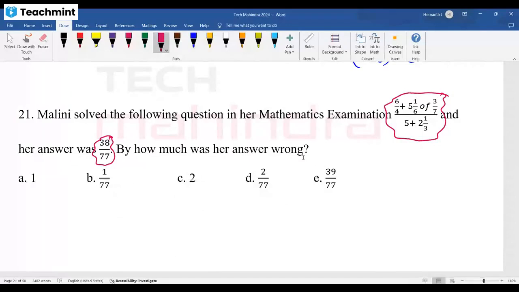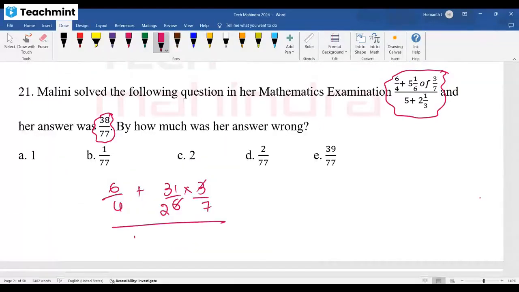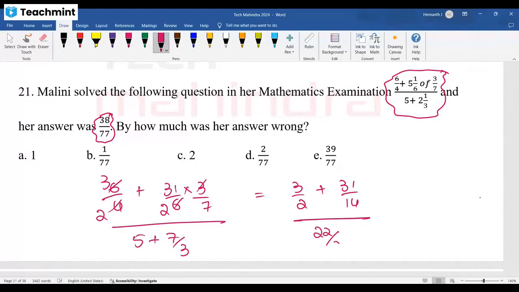Half means multiply. 3 by 7, so 3 ones, 3 twos. Denominator 5 plus 2 1 by 3. 2 1 by 3 means nothing but 7 by 3. Now numerator, this is 3 by 2 plus 31 by 14. Here 15 plus 7, 22 by 3.